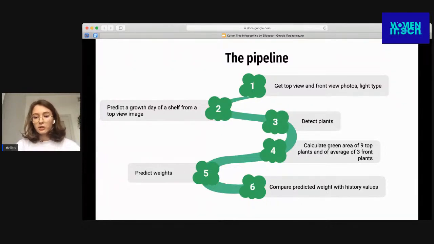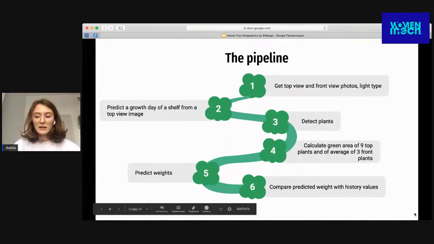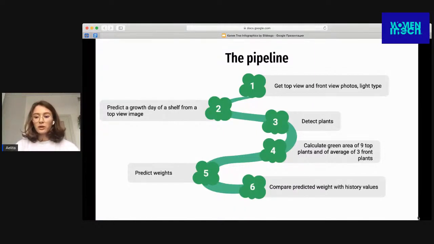We calculate the average area of visible plants and use this as an extra feature for each of the 9 plants from the top view. Then we predict weights using all the gathered information from previous steps. And lastly, we compare the predicted weight with history values.